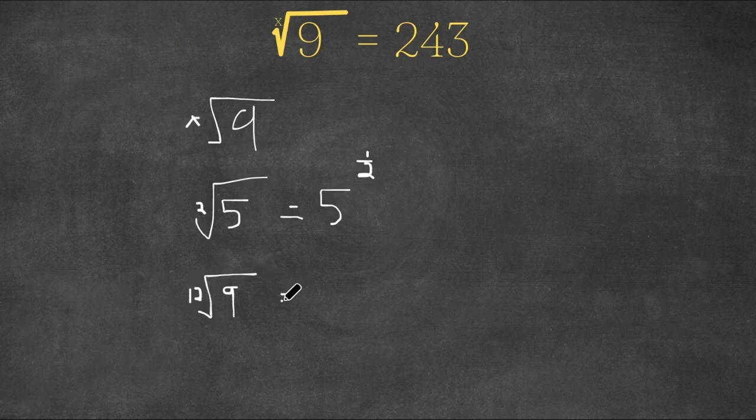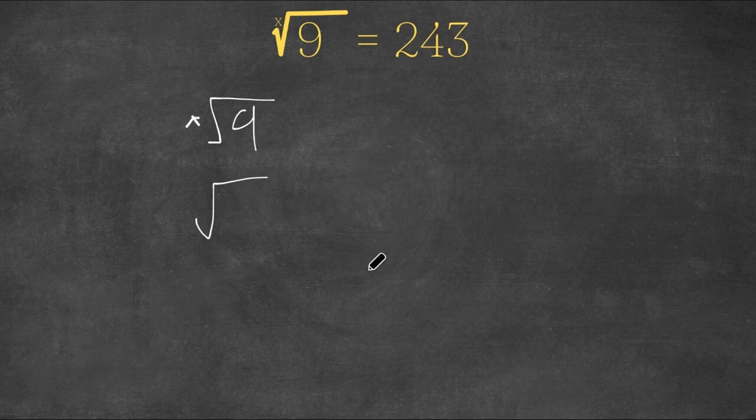This is the same thing as saying 9 to the power of 1/12, right? So using this info, the x root of 9 is going to be 9 to the power of 1 over x, because in all those other examples, we put 1 over the root.